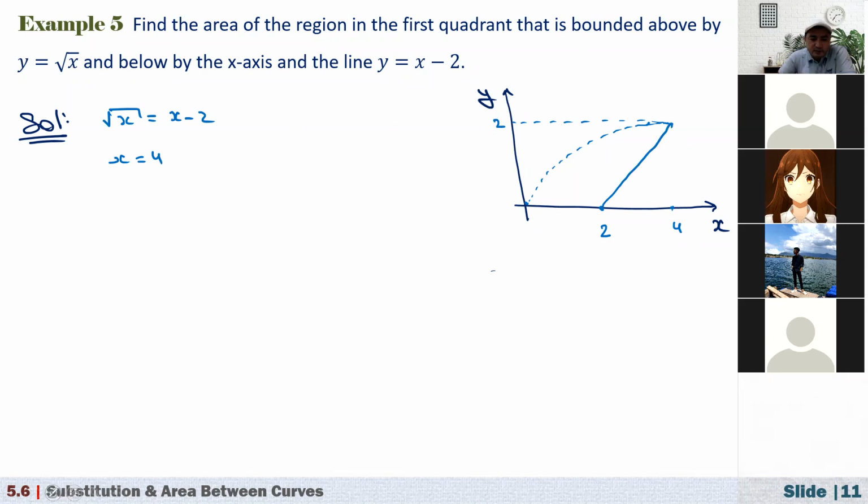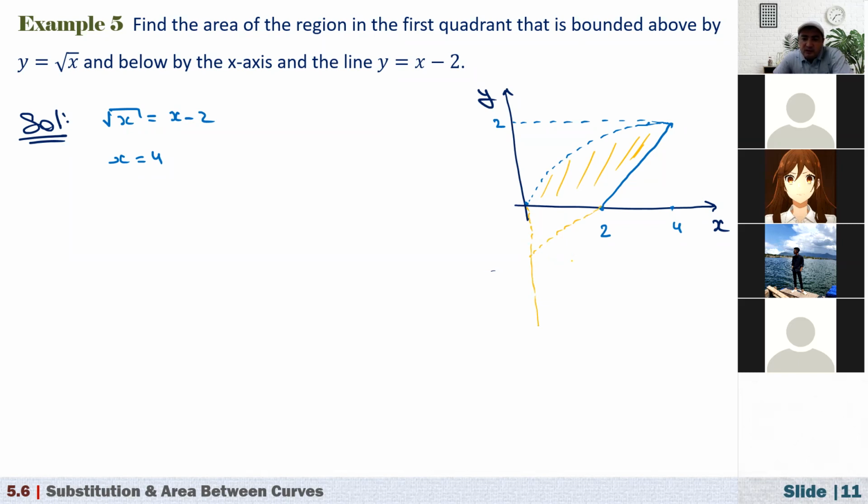Okay, so now again, we have to find the area of this region. One way to do this is to extend this line in this direction, and also extend this line until here.